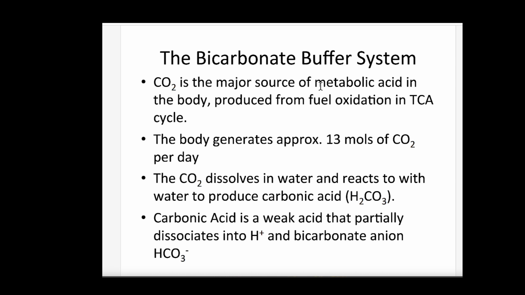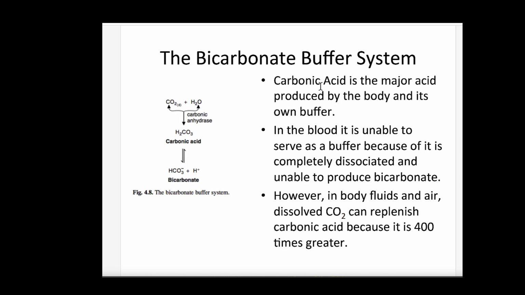Remember, the lower the pKa, the stronger the acid, so it's not a very strong acid. At a blood pH of 7.4, it's almost completely dissociated, and therefore, theoretically, it's unable to buffer and generate bicarbonate.